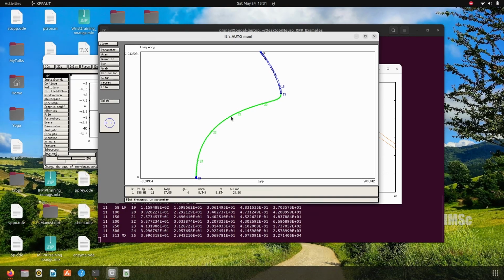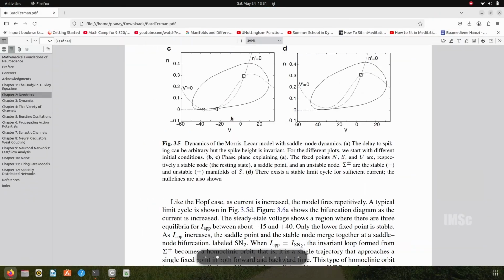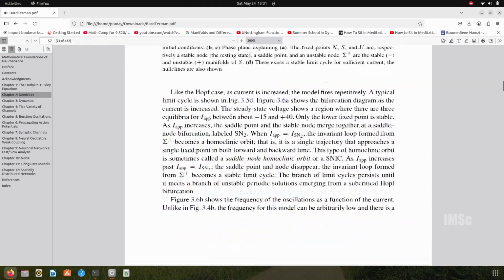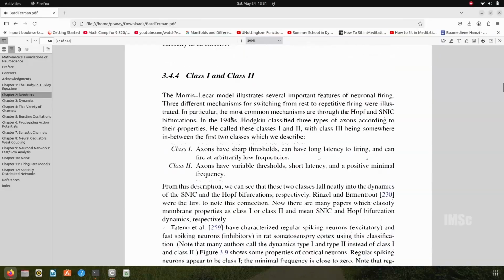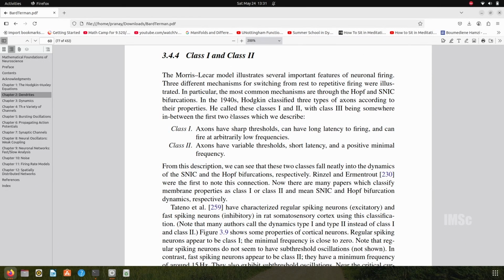Okay, so this is what I wanted to describe to you in terms of the neuronal properties that can differ. So, I have gone through all of this. Let me just show you that these are called class 1 and class 2 neurons, and the properties are distinguished as follows, right. Class 1 are snake neurons and class 2 are hop neurons in the sense that I have described to you.